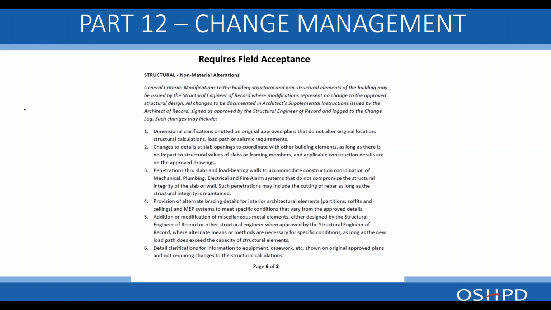This is just an example of how sometimes change management can be addressed in the integrated review plan, and give a little more clear guidelines on what will be considered non-material. This will require field acceptance.